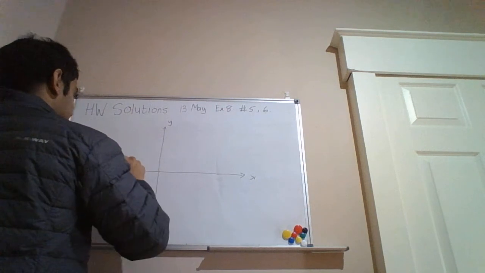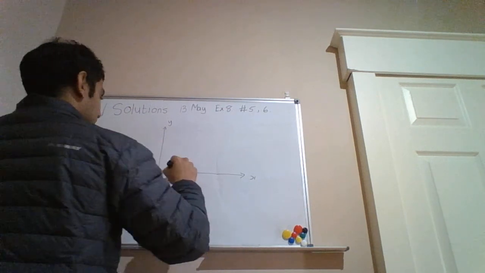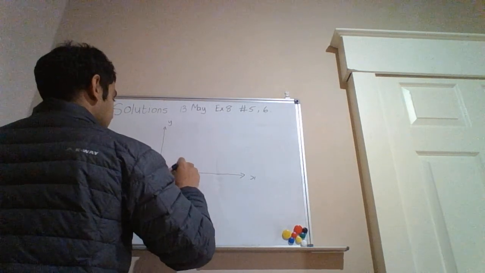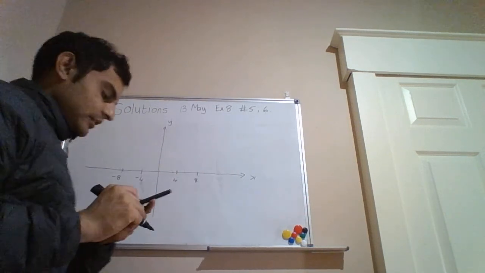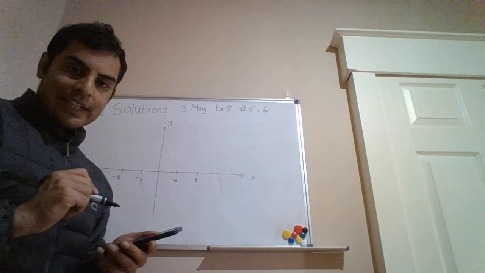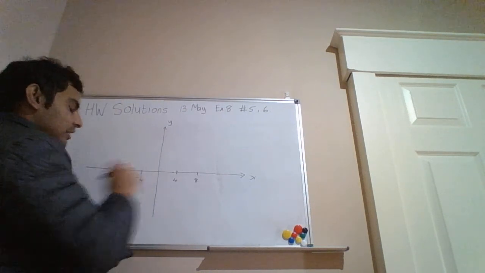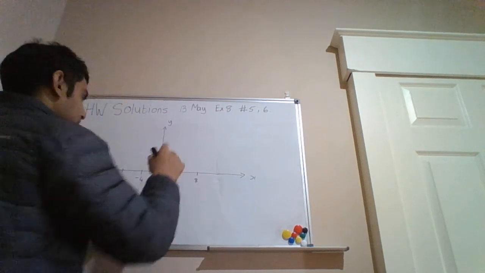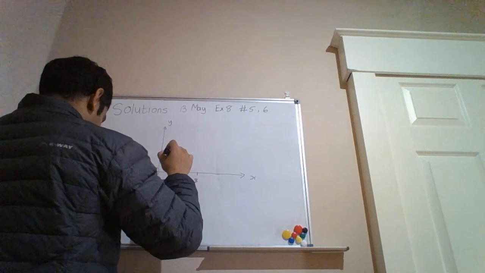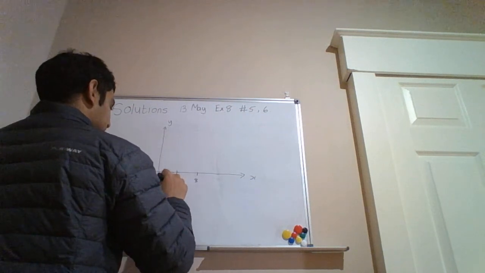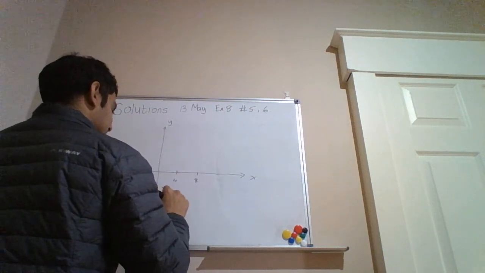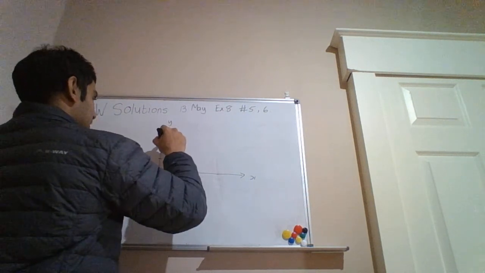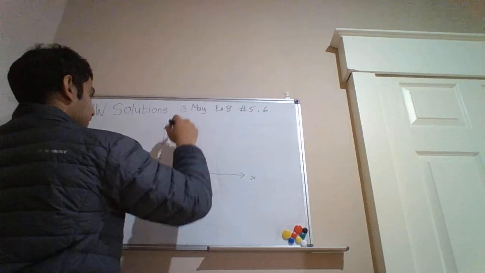So we've got minus 4, minus 8, 4, and 8. If we're looking for other values like 2 or minus 2, we can just go in between. Now for our y values, lowest is minus 8. So I'm going to go minus 4, minus 8, and we're going up 4, 8, 12.